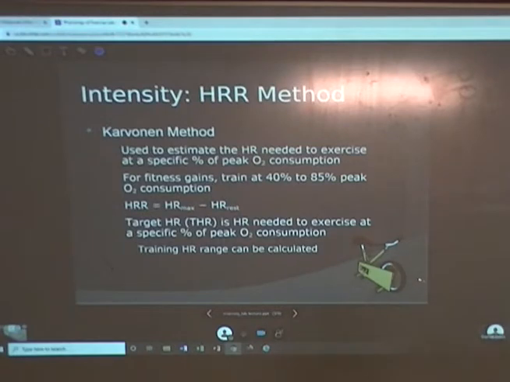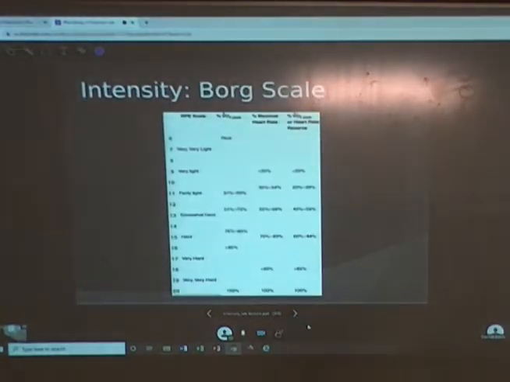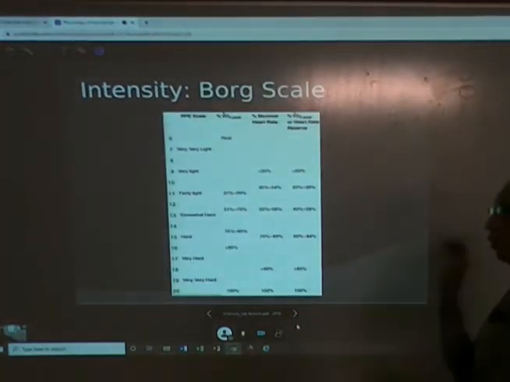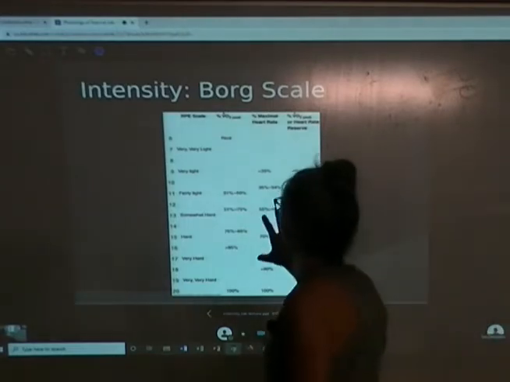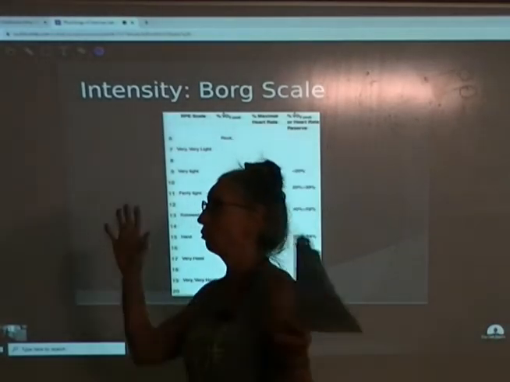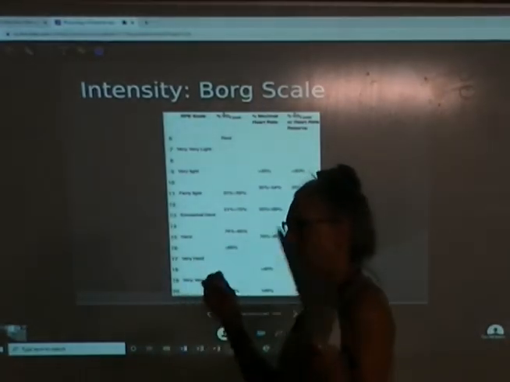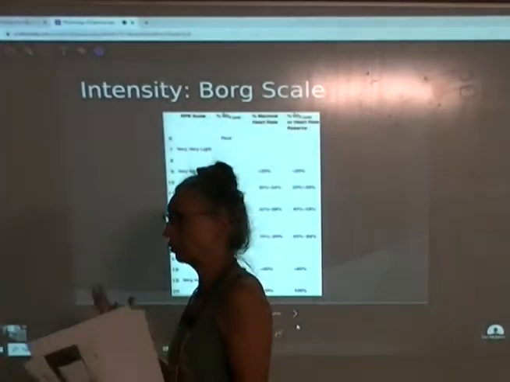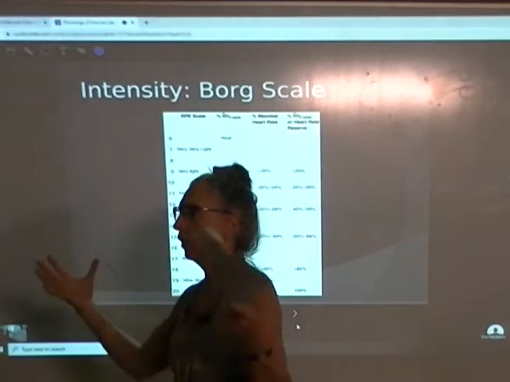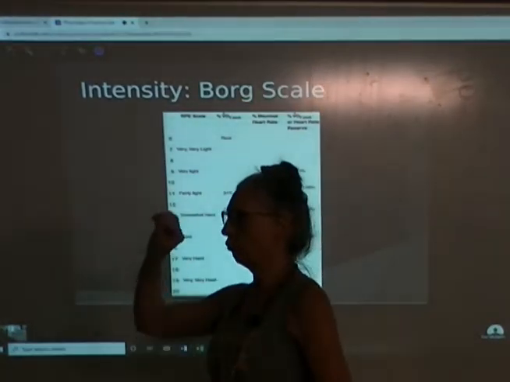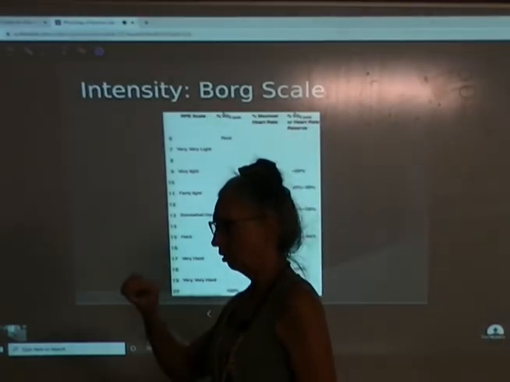Okay. The next measure that you'll often see is not physiological. So this is not one that I would recommend you use for your log, because the guidelines specifically say a physiological measure, because I want you to practice with the idea of a true physiological measure, right?